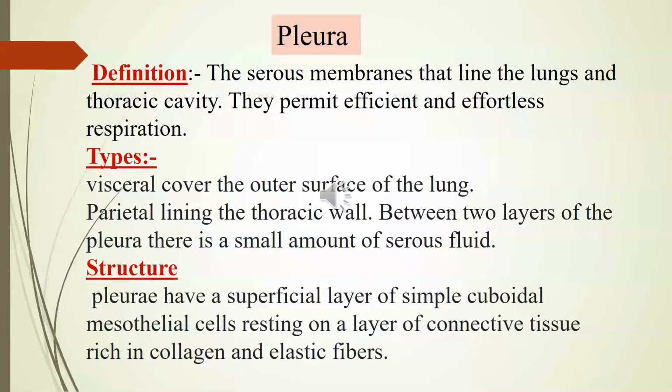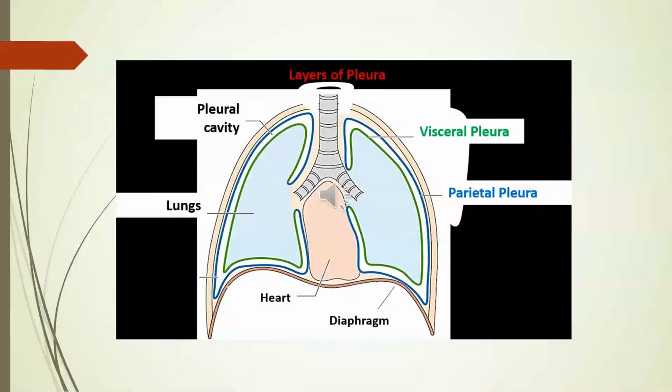Between the two layers of the pleura, there is a small amount of serous fluid. Each layer is formed of mesothelial cells, simple cuboidal epithelium resting on a connective tissue rich in collagen and elastic fibers. The connective tissue of the visceral pleura is continuous with the lung parenchyma.